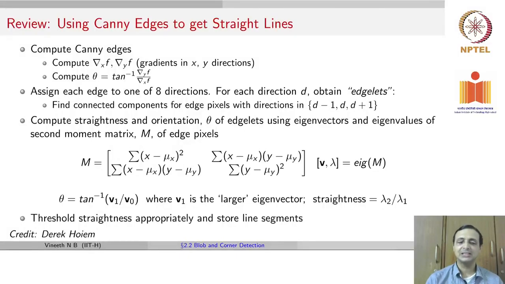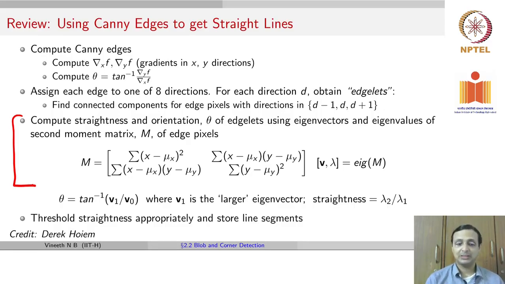Once you compute your edgelets, we then compute two quantities: straightness and orientation of the edgelets. And the way we go about doing this is using the eigenvectors and eigenvalues of the second moment matrix of the edge pixels. So you have your edge pixels that belong to a particular edgelet.